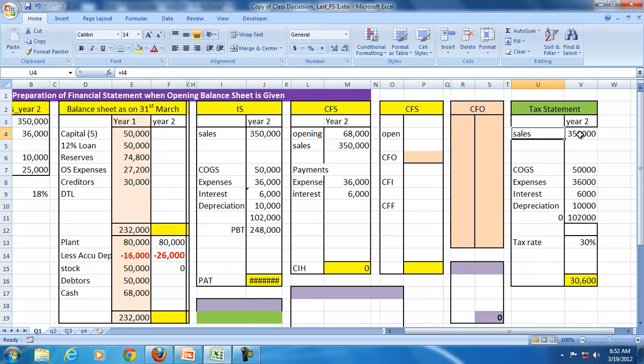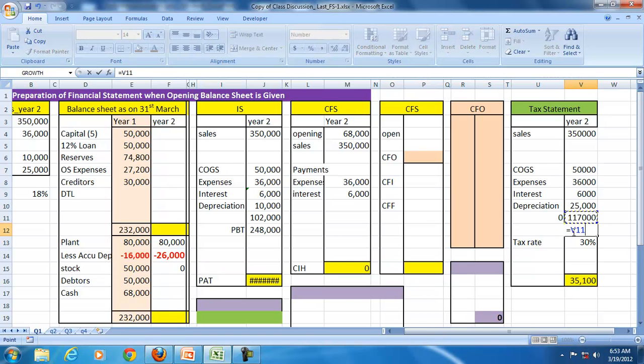Sales same 350, COGS same 50, expenses 36 same, interest 6,000 same amount, but depreciation is 25,000. It's possible that a firm can have different depreciations for the income statement and for the tax statement. So the total expenses for the purpose of tax calculation is 117,000.